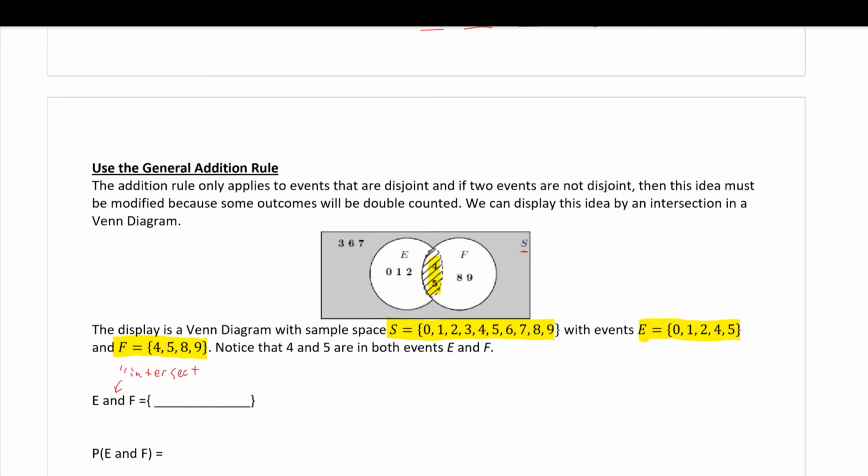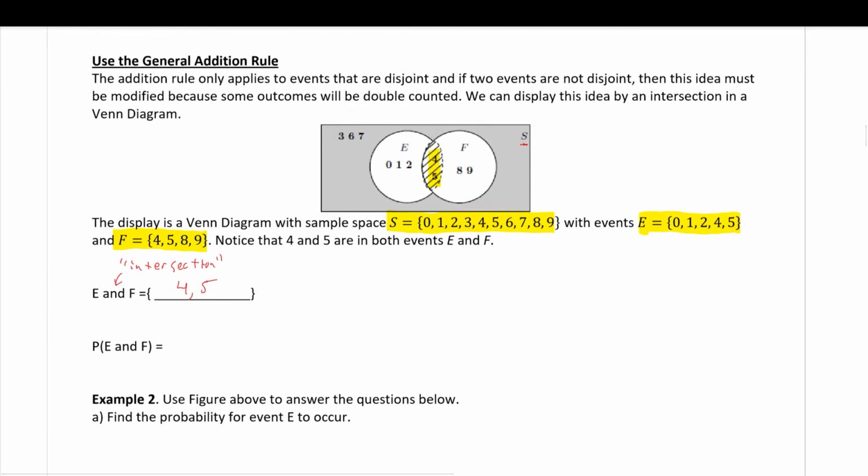It's what both E and F have in common with each other. So this is considered not disjoint. In this case, E and F is what they have in common, and that is 4 and 5.